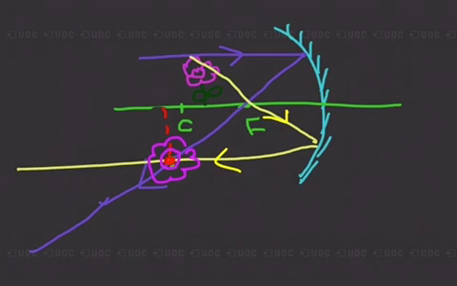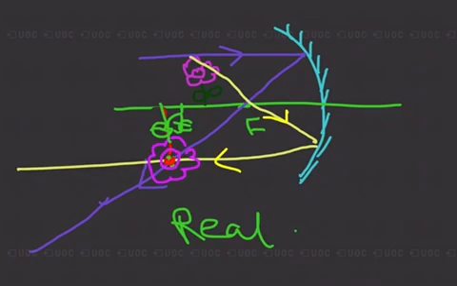So if you see this flower here, this inverted, it is real because it is formed by the real convergence of two rays. So you can similarly find out the image positions for different positions of objects.